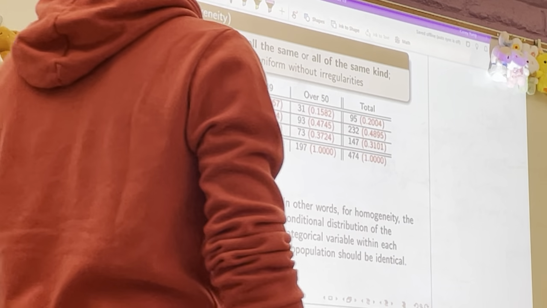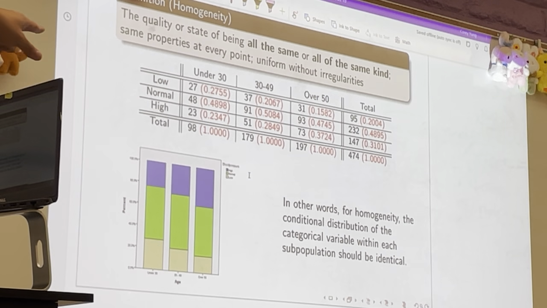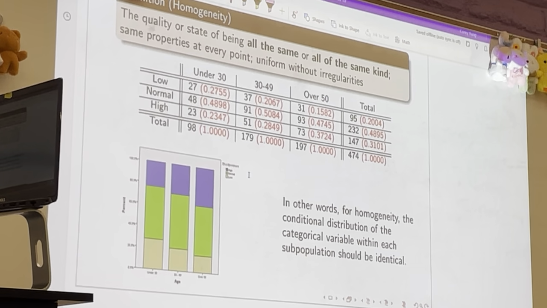So when you look at that segmented bar graph, is the distribution of blood pressure the same across all age groups in the study? Looking at the visual helps us get an idea of what that might look like, although we can obviously quantify this or be a little more scientific and conduct our chi-square test.